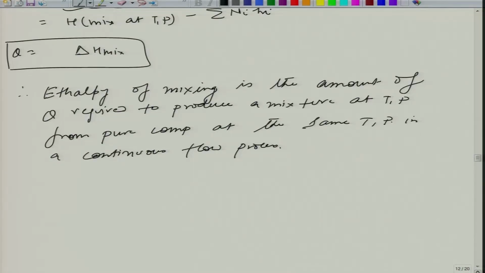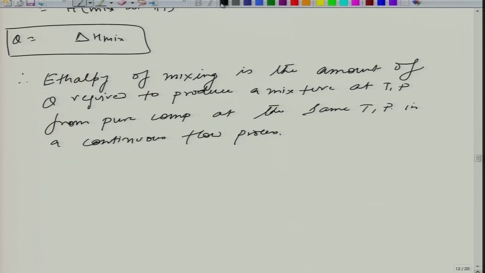Now we will continue from here, and to get a feeling for partial molar properties, we will start with the partial molar volume. Let us consider the case of water and ethanol.